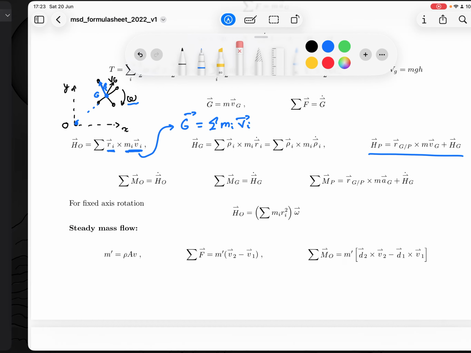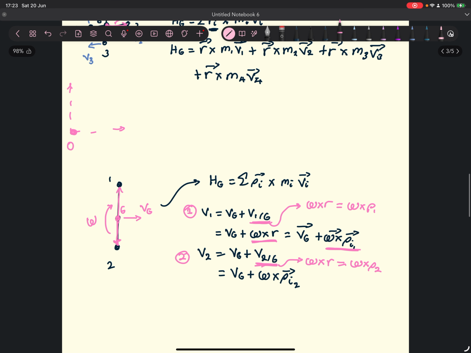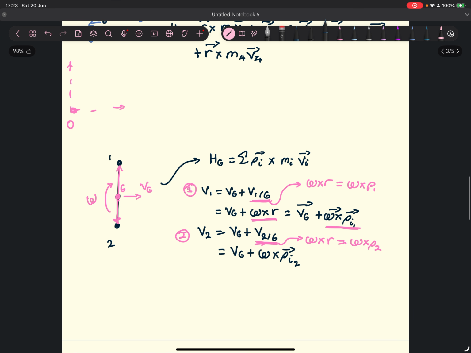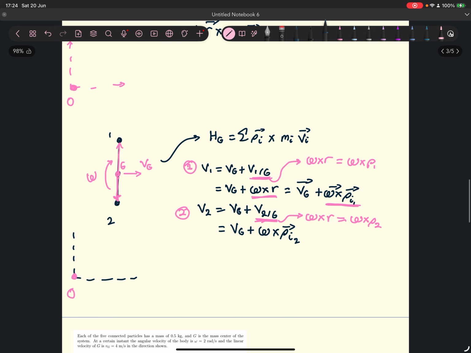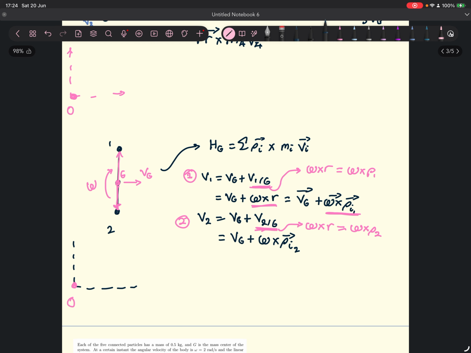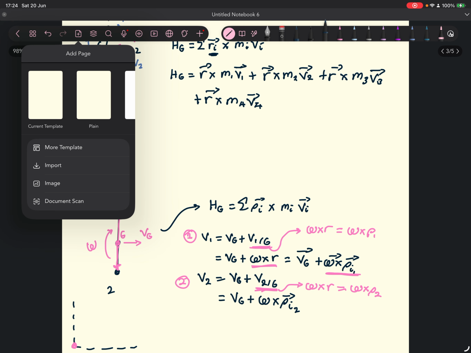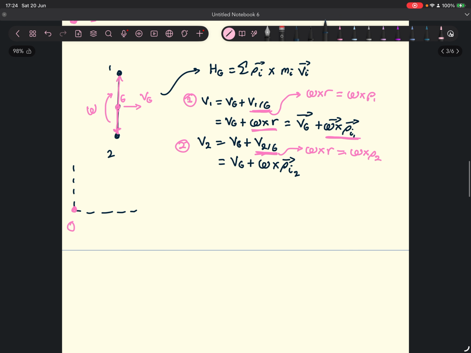Okay, but what if we had the same situation and we wanted the angular momentum about a fixed point, right? So let's call this fixed point O. So this point isn't moving, right? That's very important. You'll see as we get to point P, we're going to define point P as a point that can actually move, right?